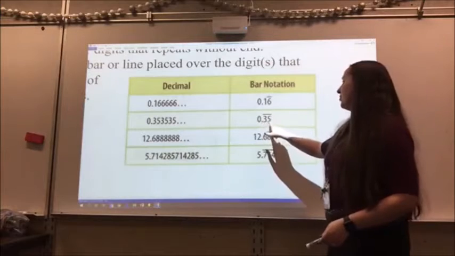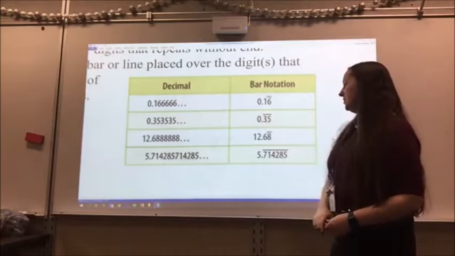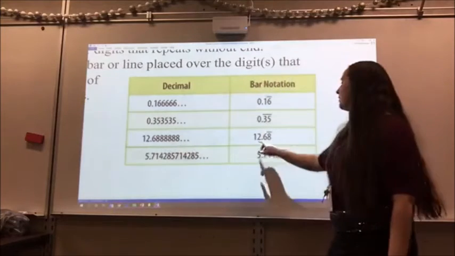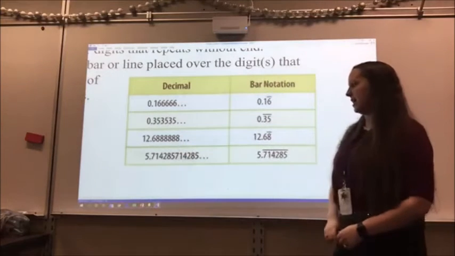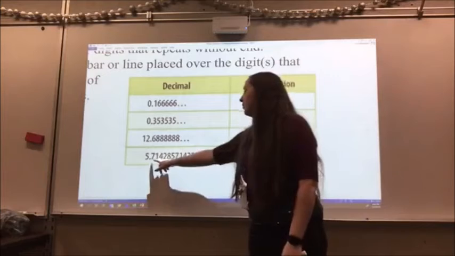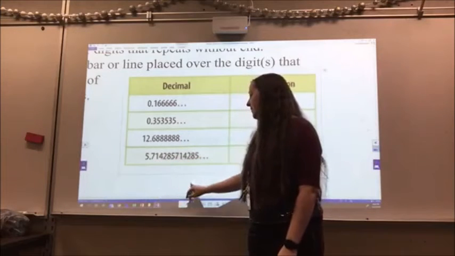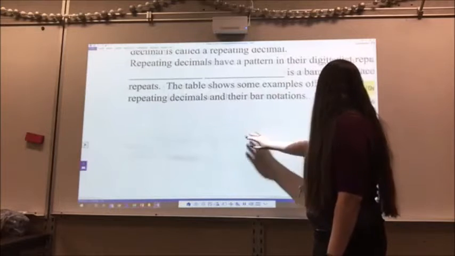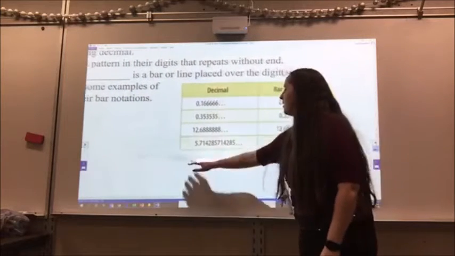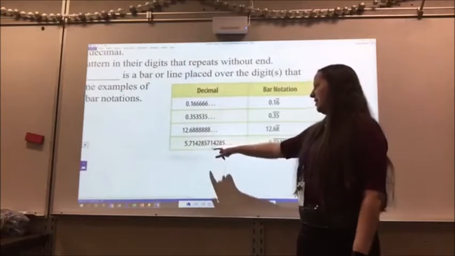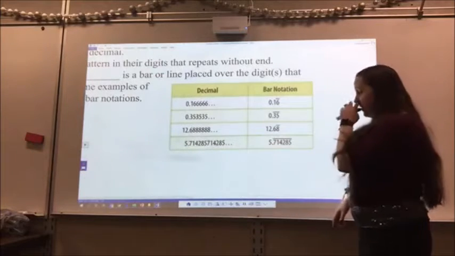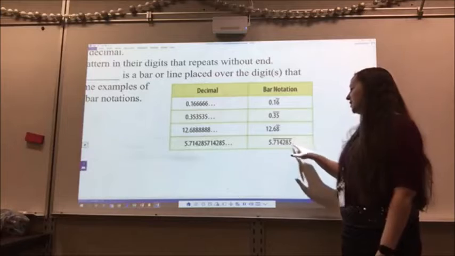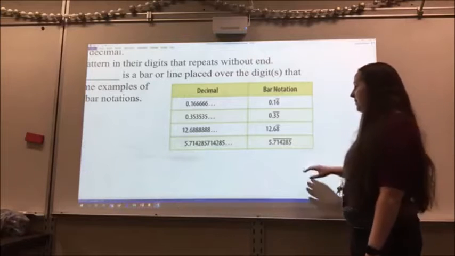So 0.35, the bar will be over both of those numbers. 12.6 and the 8's repeating, so I'll have 12.6 and a bar over the 8. And then I have 5.714285714285. The 714285 is actually what's repeating, so that's what goes underneath the bar.